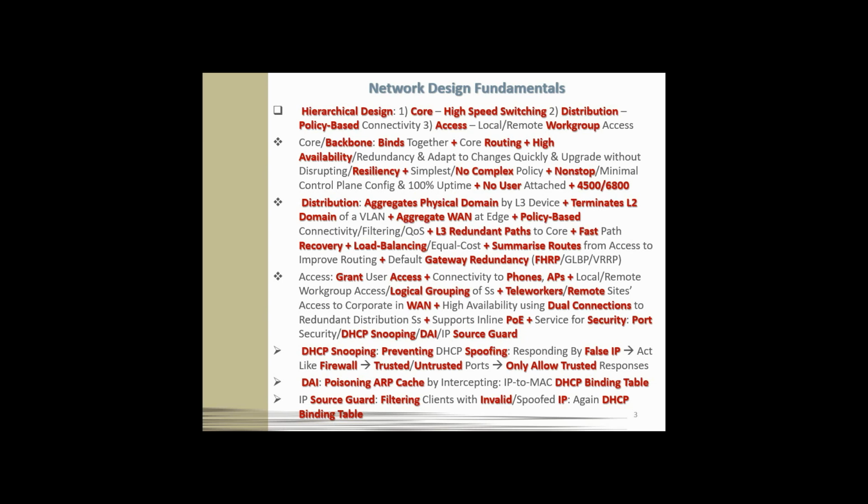Let's see core layer in more details. Core layer is also referred to as backbone because it binds together all elements of campus architecture so that components like WAN or like data center can all be bound together thanks to core or backbone layer.